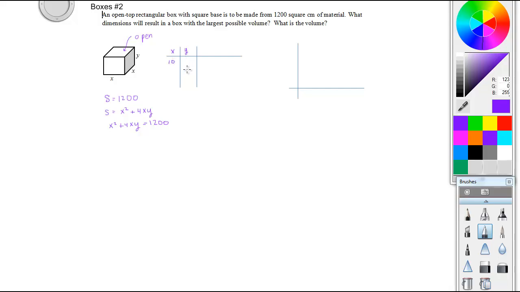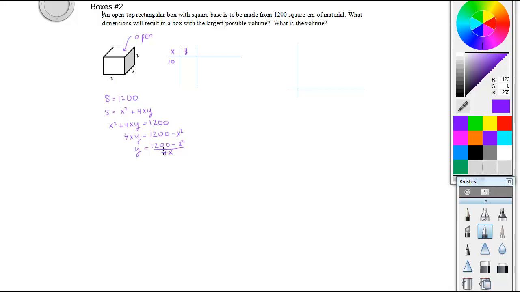And then we need to do some work to figure out what y must be. So I'm going to take this equation, 4xy, and subtract x squared from both sides. And so y is equal to 1200 minus x squared divided by 4x.